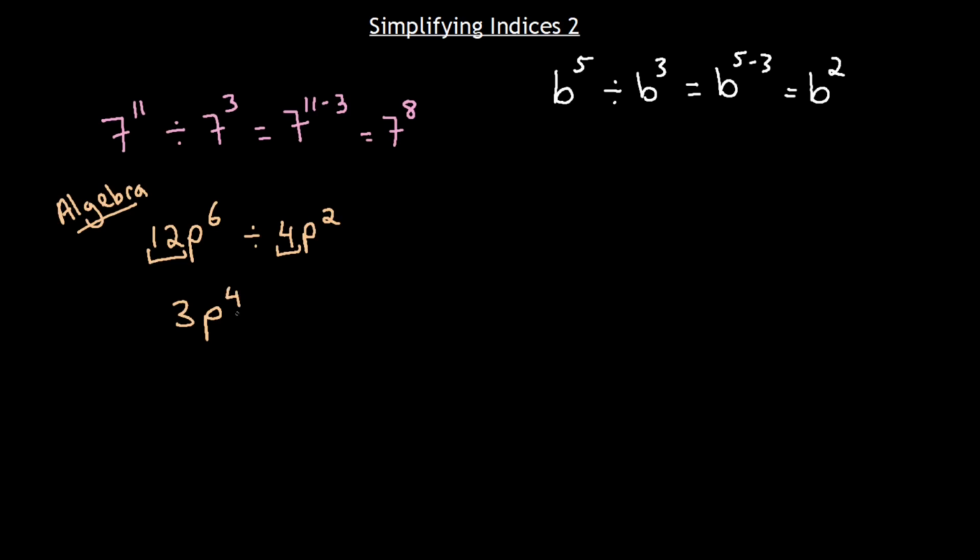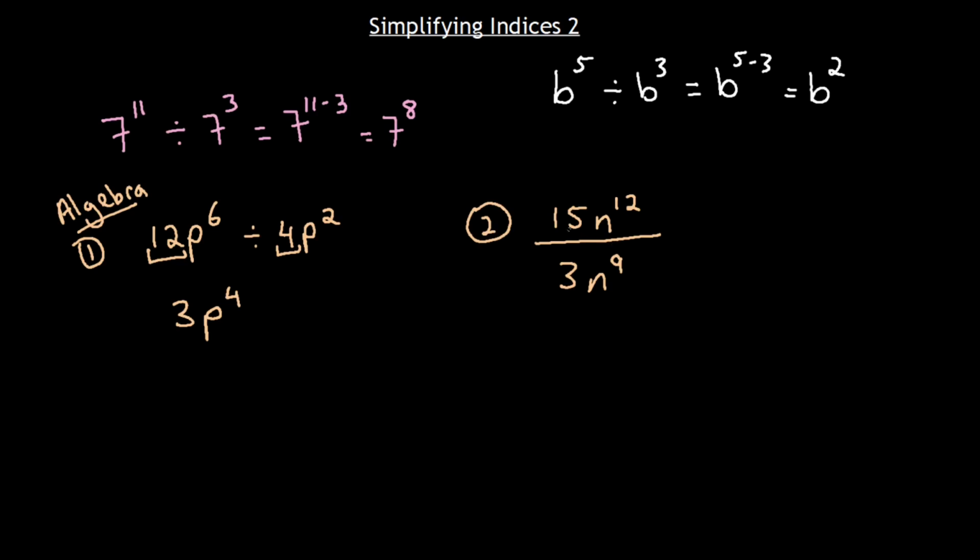Now let's go a little bit deeper into this, and I'm just going to have another example here. This was number 1, and here will be number 2. So this time we're going to have a fraction. So 15 and 12 divided by 3 and 9. Now again, this fraction line, you can treat it as a divide sign.